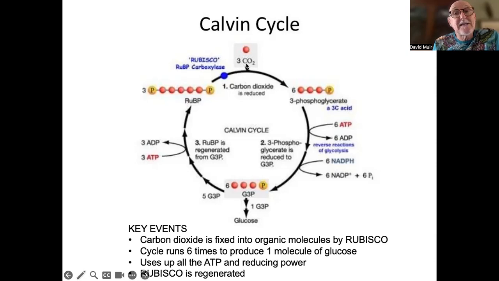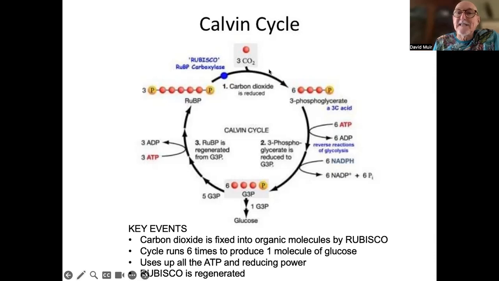To do that, we're utilizing what has been called the most important enzyme on the whole planet, ribulose bisphosphate carboxylase oxidase, commonly referred to as Rubisco. It is the responsibility of Rubisco to unite ribulose bisphosphate with a carbon dioxide.